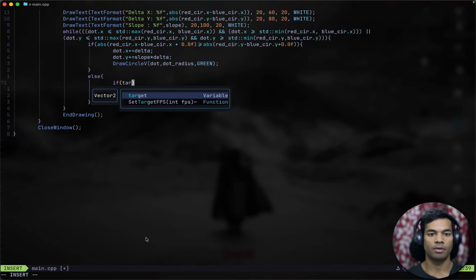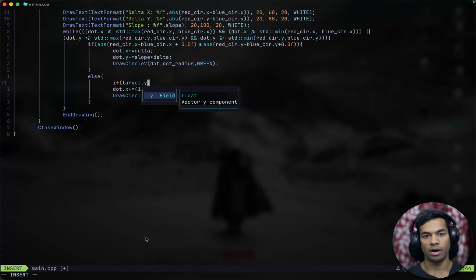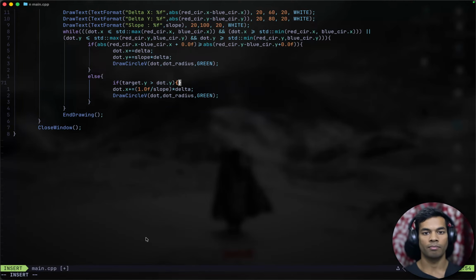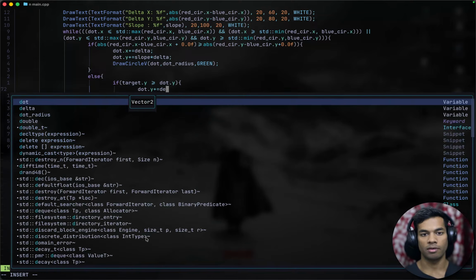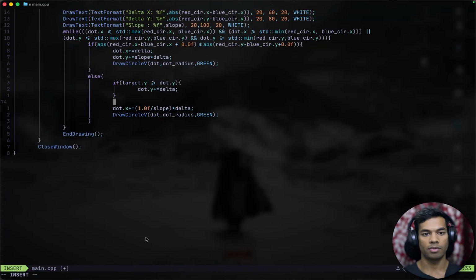If target dot y is greater than or even equal to dot y, then we have to do dot y plus equals delta. That makes sense.